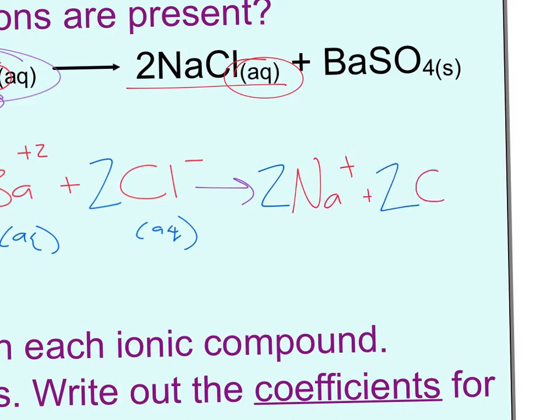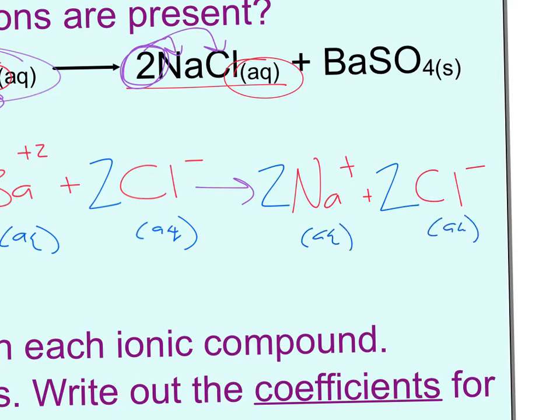The reason I'm doing that is because this 2 coefficient in front is relating to everything in the compound. So there's not only 2 sodiums, but there's also 2 chlorines. That's why I have a 2 here and a 2 in front of here. And they're aqueous, so I'm going to write aqueous.